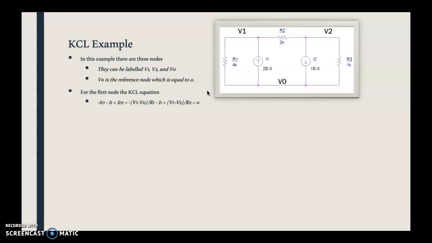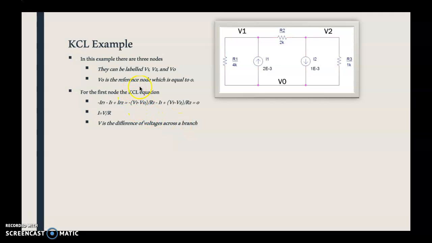So the first nodal equation for KCL is negative IR1 because it's going in to the node V1, negative I1 because this current source is going in, and positive IR2. Now, you can rewrite I, like in KVL, how you rewrote V, for I is equal to V over R. And V is the difference of voltages across a branch.